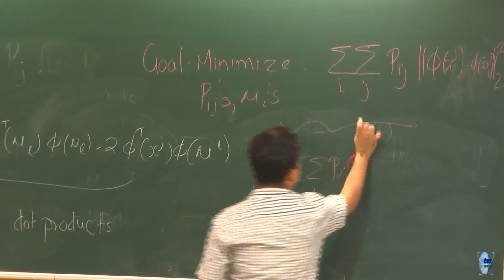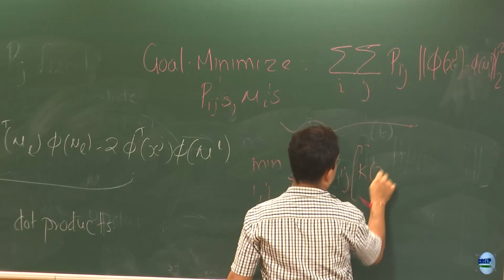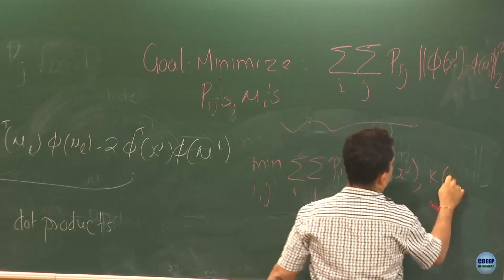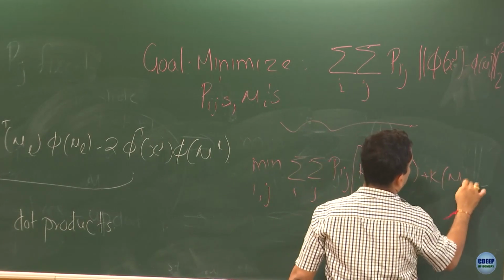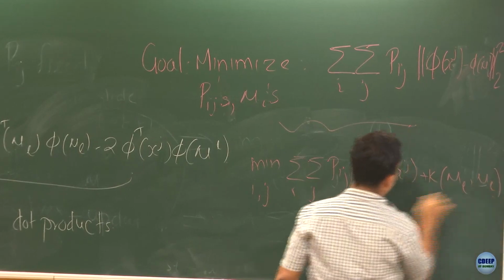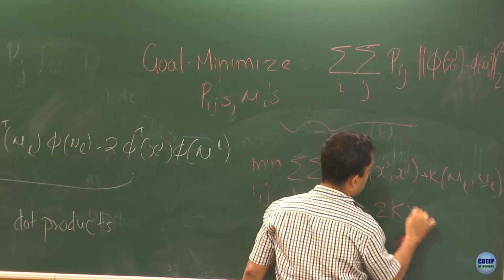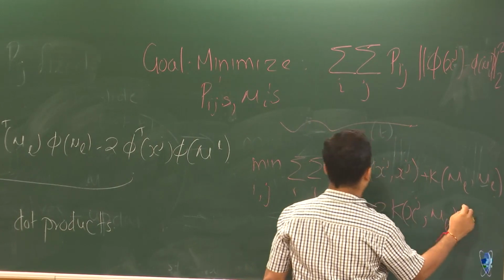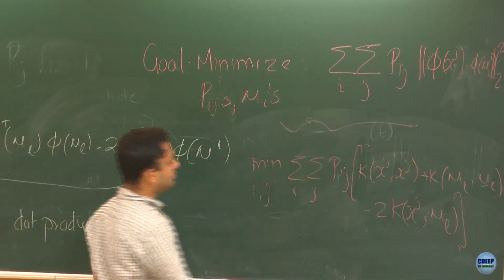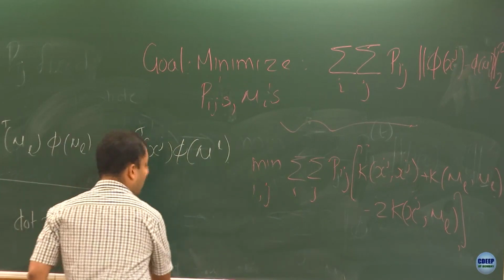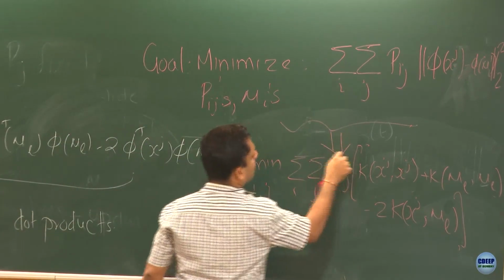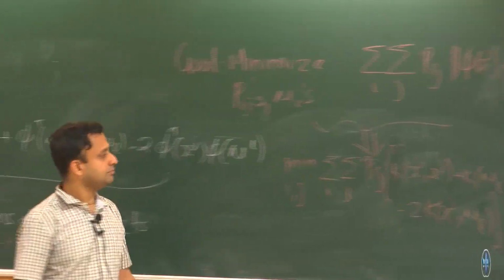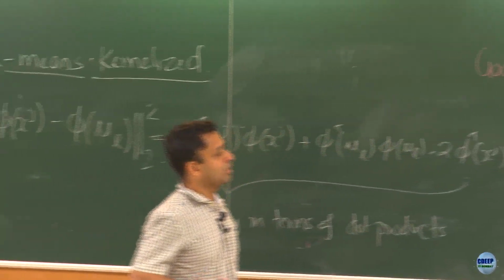Now you have the squared k(xj, xj) plus k(mu l, mu l) minus 2 k(xj, mu l). This is what your new objective will look like, right?